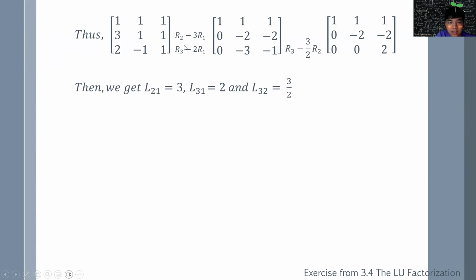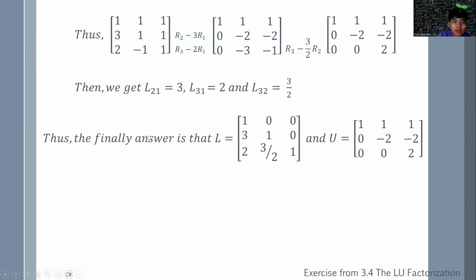And how do we know what goes in L? It is the opposite of the coefficient. Minus 3, the opposite is 3. Minus 2, the opposite is 2. Minus 3 over 2, the opposite is 3 over 2. So the final answer is L, where we add 3, 2, 3 over 2. And U is found after you make these numbers become 0.